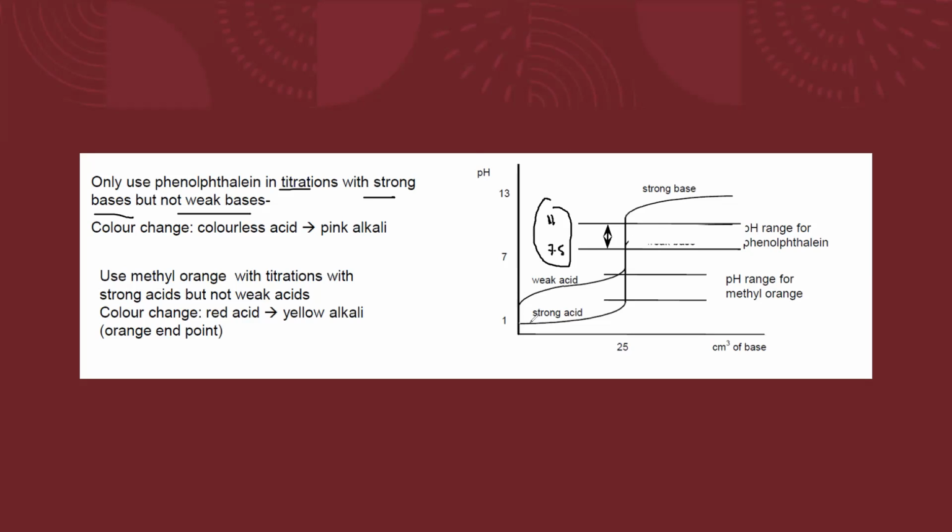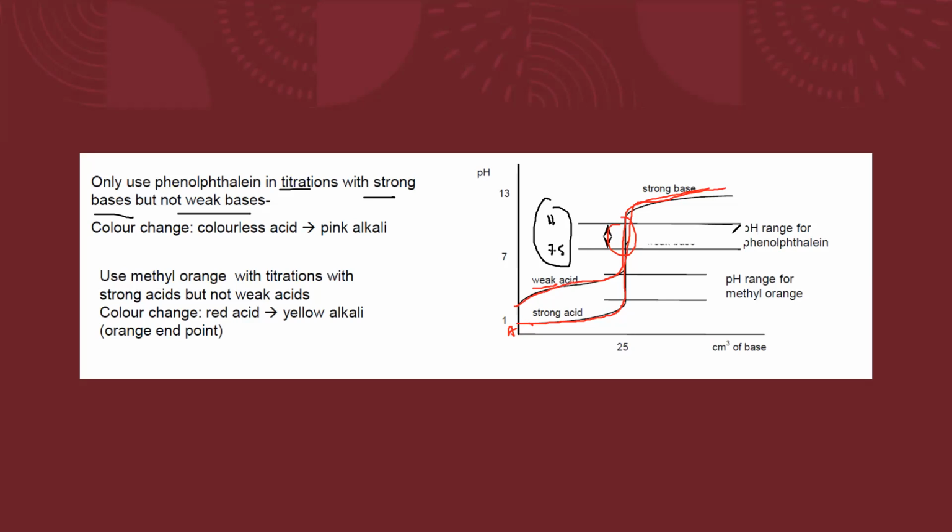If it's a strong acid, the reaction will start at position A and follow the vertical portion, and the phenolphthalein pH range lies within this vertical part. If we are using a weak acid and a strong base, again this is the pH range at which the phenolphthalein shows a color change.